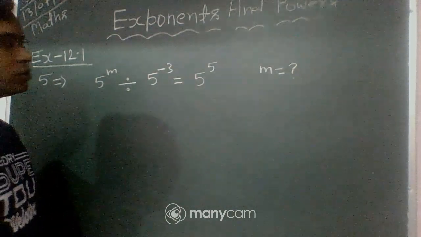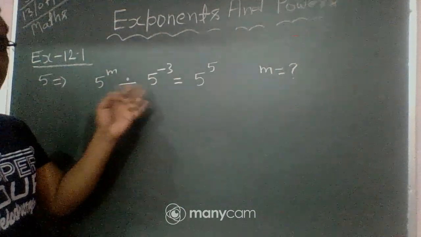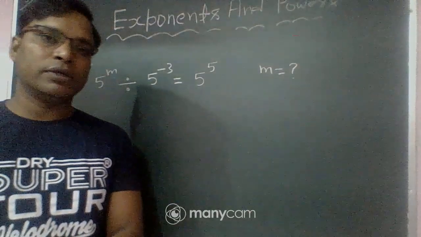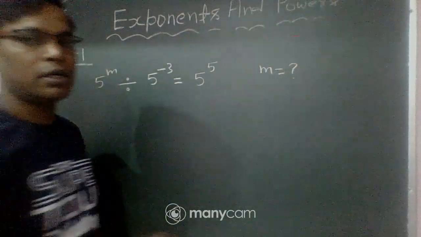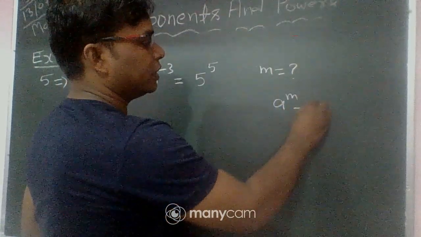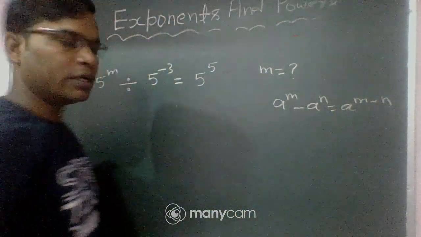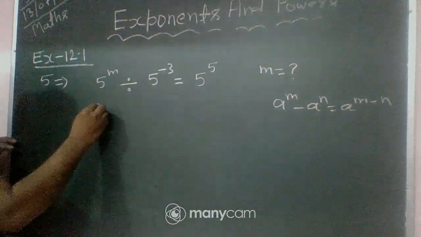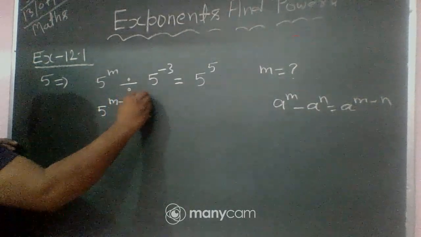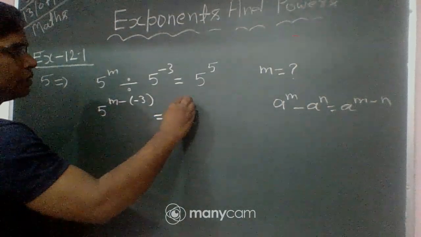Okay, so here you can see the bases are the same, 5 and 5. So according to the law of exponents, a power m divided by a power n is equal to a power m minus n. So you can also write 5 power m minus minus 3 is equal to 5 power 5.